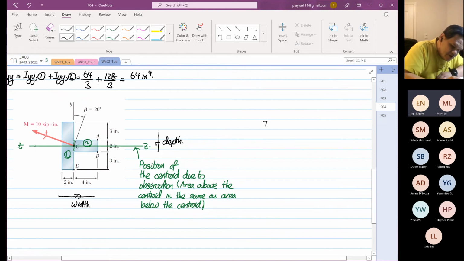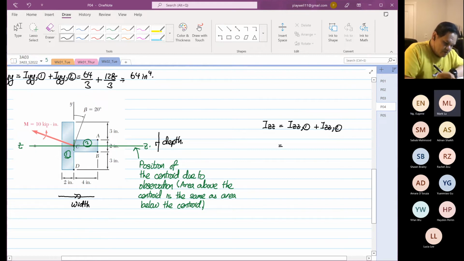Okay. So I'm going to do it together. Okay. So IZZ is equal to IZZ1 plus IZZ2. Okay. So IZZ1, the width is 2. The depth is 8 cubed over 12.